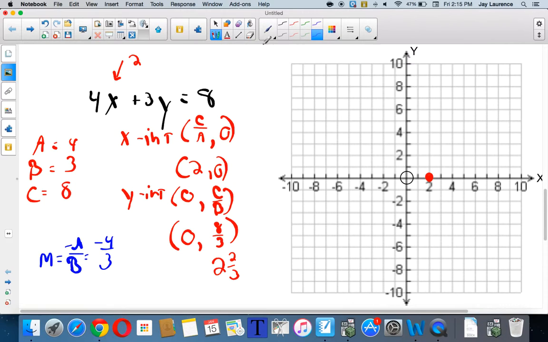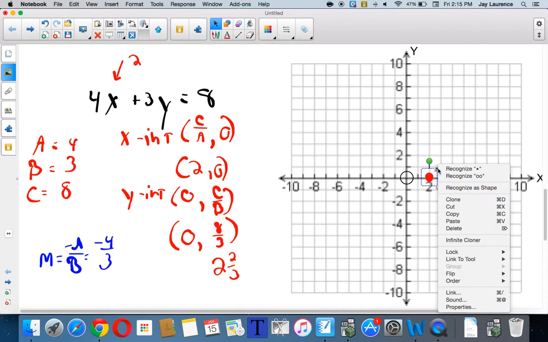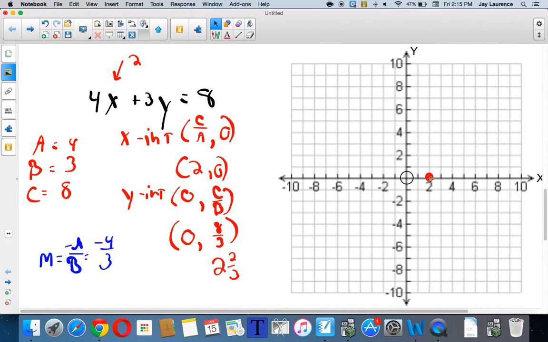So from that first point, I can rise and run. Hold on a second here. All right. And so I have to go down 1, 2, 3, 4, and then right 1, 2, 3.